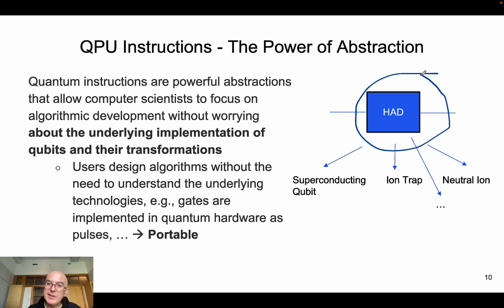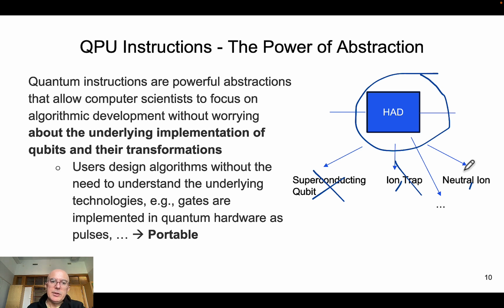We know the semantics of a Hadamard gate, and we do not care how this Hadamard gate has been implemented, whether superconducting, trapped ion, neutral atom, or all the different technologies. We do not care, for instance, that a certain microwave has been used to change the state of the quantum bit to implement a Hadamard gate.